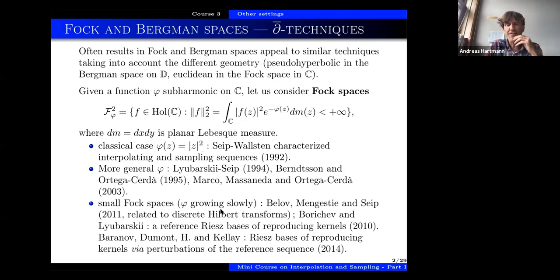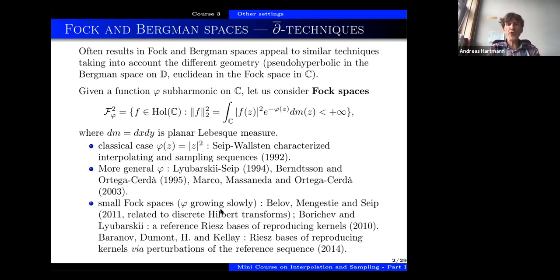So yesterday, Martin Bonik asked the question, do Riesz bases exist in Paley-Wiener spaces for arbitrary bounded measurable sets? So in these Fock spaces with small phi, this is possible. And we were working on this problem with Baranov, Belov, and Kellay. And starting from this result by Borichev and Lyubarskii, we were able to give a perturbation result.